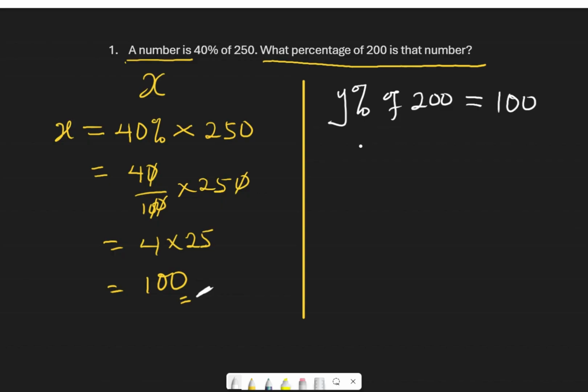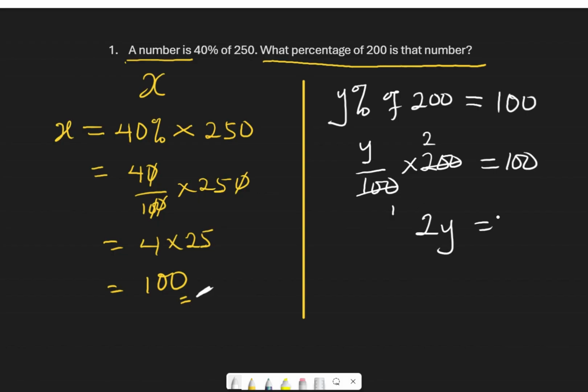Let's solve this. Y percent means y over 100 of, that is multiplication, 200 equals 100. 100 goes into itself 1, goes into 200 2 times. So we have 2y equal to 100.